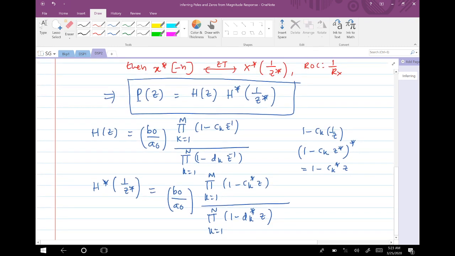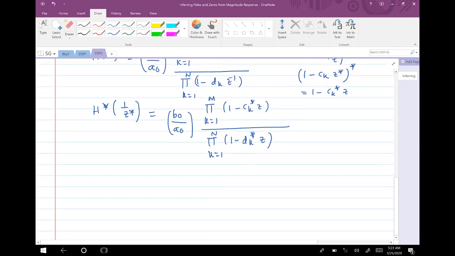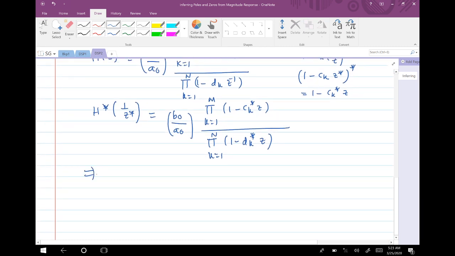Now let's write the expression P of z, which is the multiplication of both these terms. From that we have P of z equal to b naught by a naught whole squared.